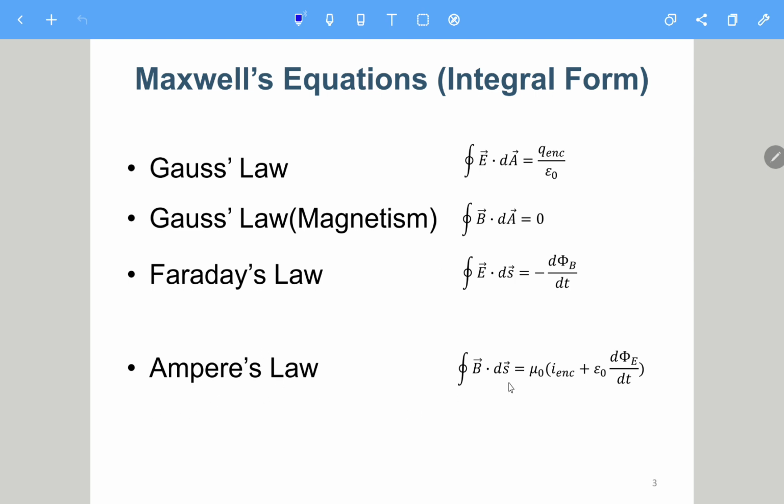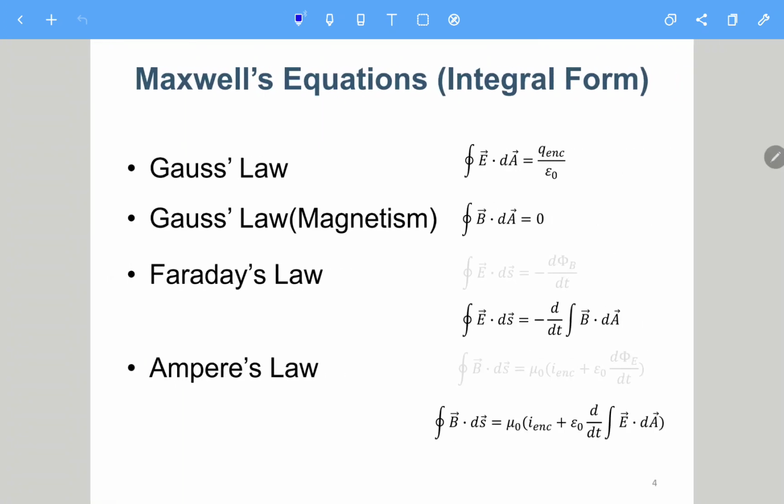And for Ampere's law, in chapter 29 you learned the first part of Ampere's law, but the whole law, which in this textbook we call Ampere-Maxwell's law, adds the second term here, which is the displacement current. This is the conduction current in the closed loop, and this is the displacement current. As we have these two types of current, they will generate a magnetic field.